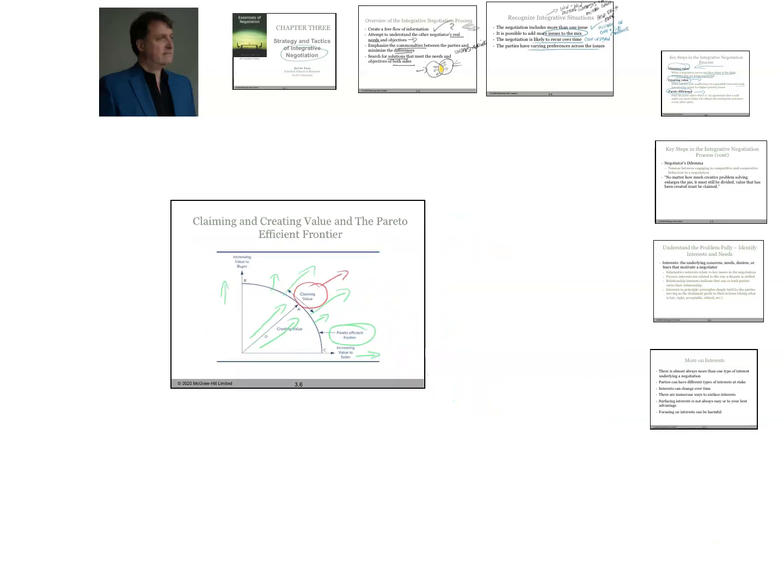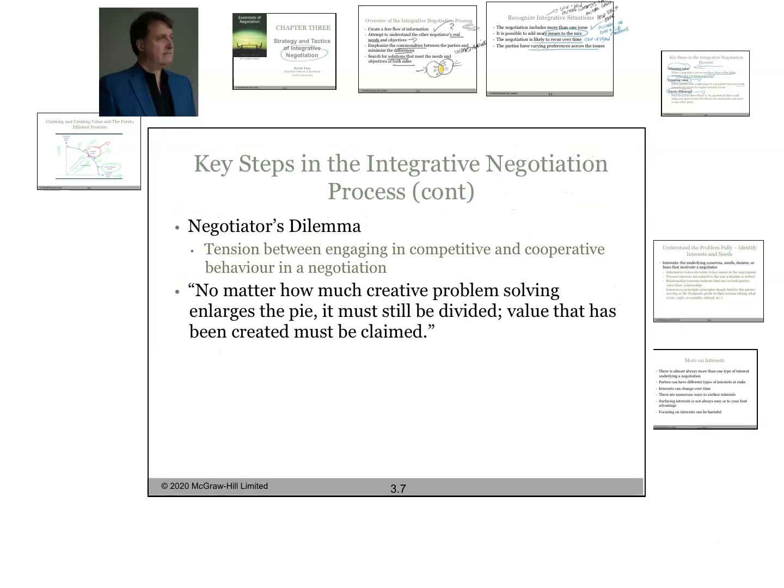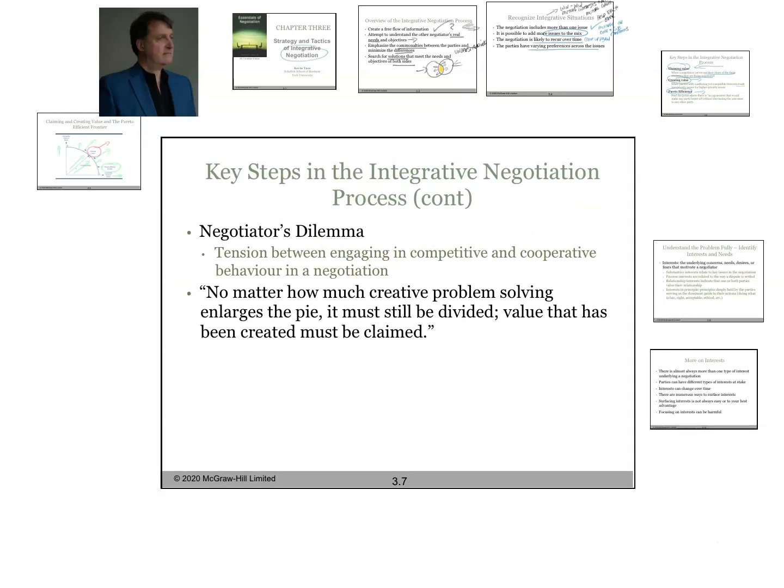The next thing we're going to talk about is related to this, and that is the negotiator's dilemma. This is something that comes up when we're working with the creating value and claiming value ideas, these actions of expanding the pie and taking our share of that bigger pie.